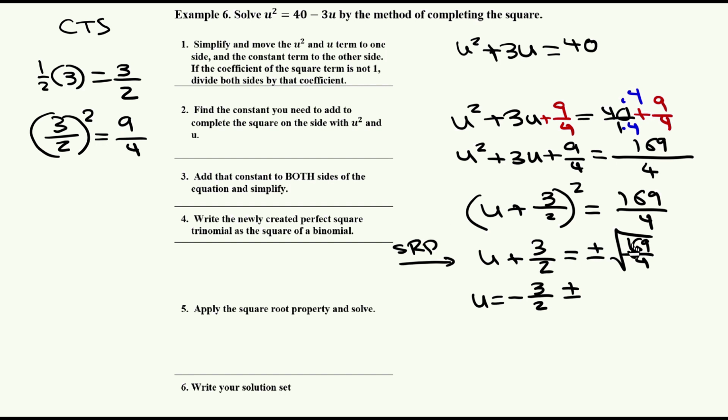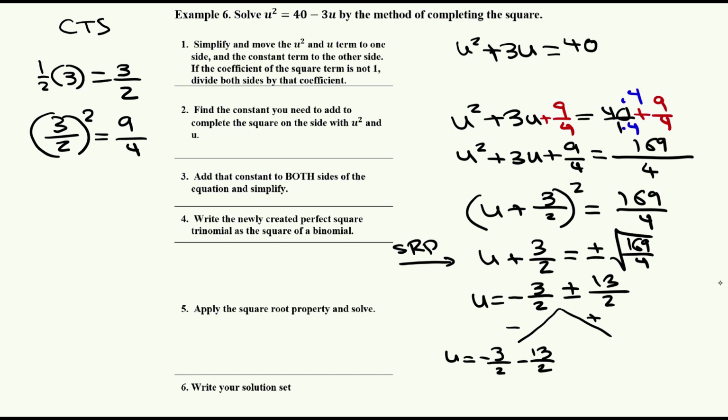Now we know the square root of 169 is 13 and the square root of 4 is 2. So we can just write 13/2. These are both rational numbers. We should go ahead and combine them. So the minus case and the plus case, well, let's see. The minus case will give us u equals negative 3/2 minus 13/2.